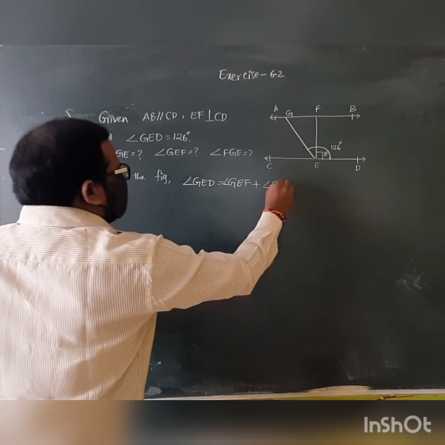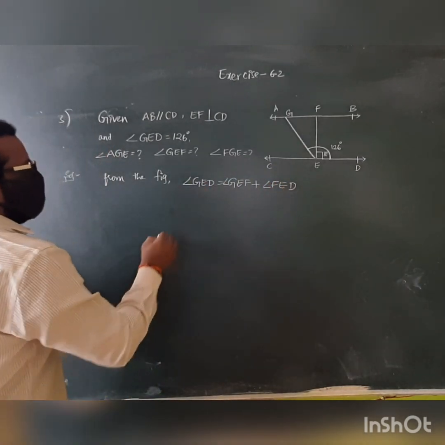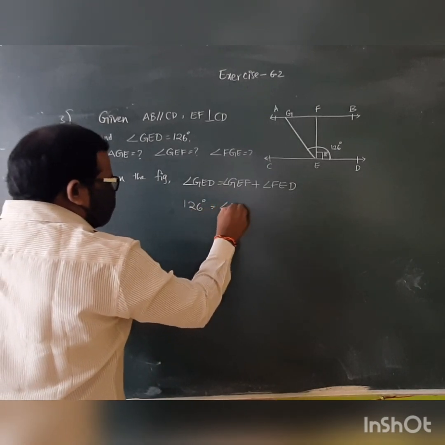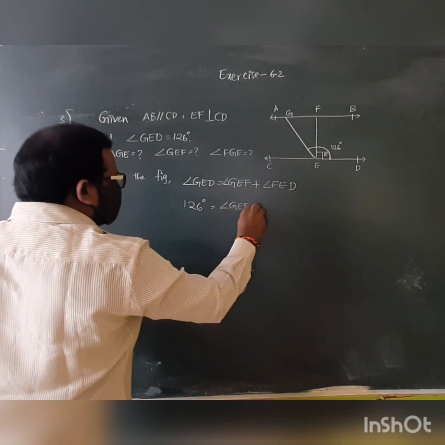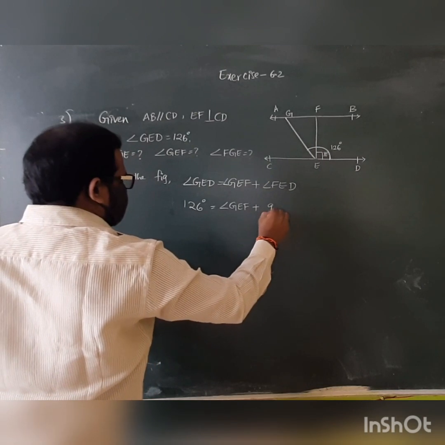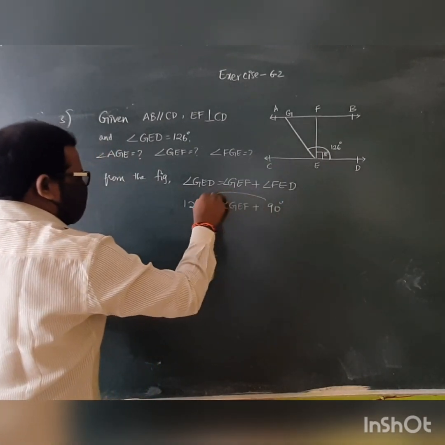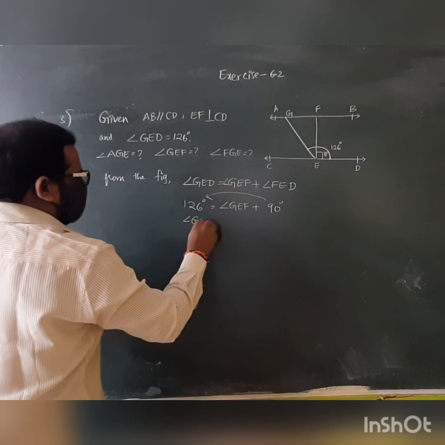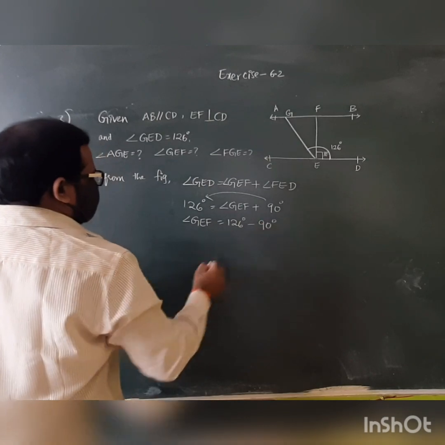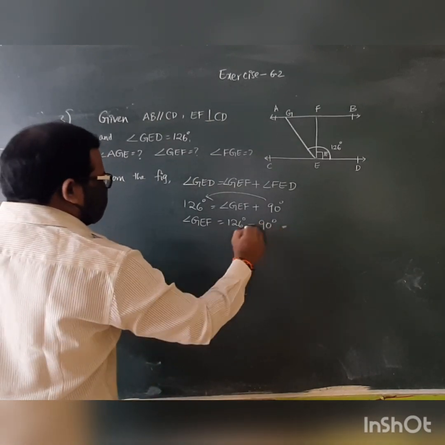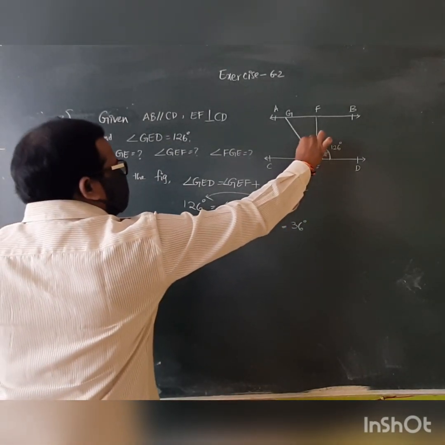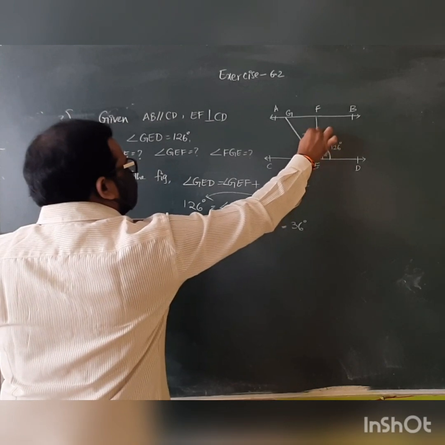The angle GED value is already given, 126 degrees. Angle GEF, which we have to find, plus angle FED, which is 90 degrees. So take this 90 to the other side. Angle GEF equals 126 degrees minus 90 degrees. Therefore, angle GEF value is 36 degrees.